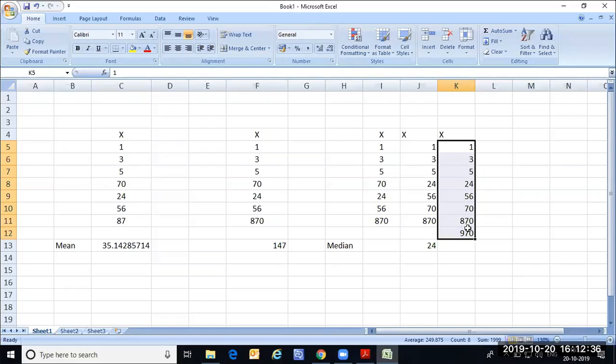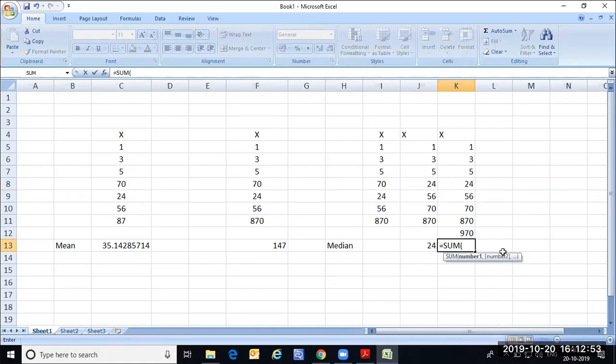What are the middlemost values? 24 and 56. We need to take the average of both the values. Clear?